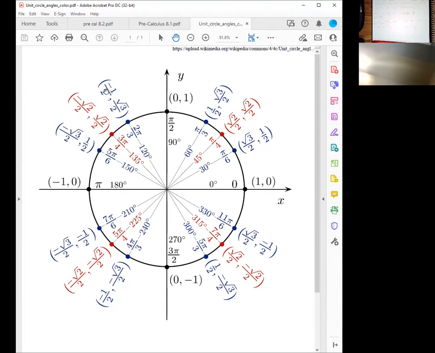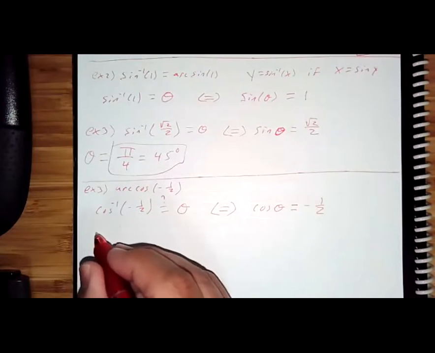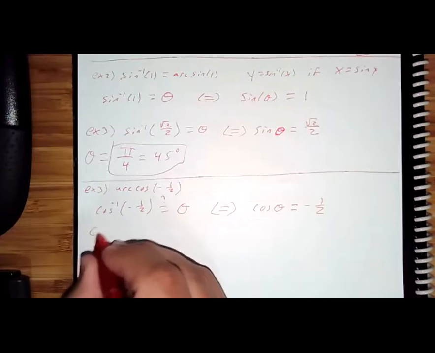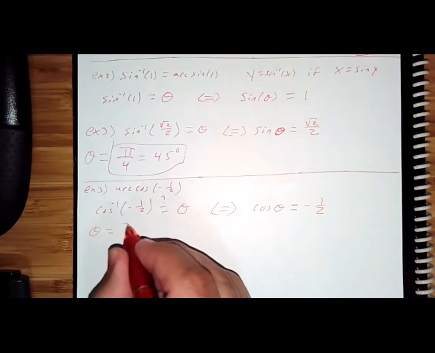I look at the x because they said cosine inverse. If they would have said sine inverse, then I'd be looking at the y's, right? I would have chosen this one if it was -½ for sine. So our answer theta is 2 pi-thirds.